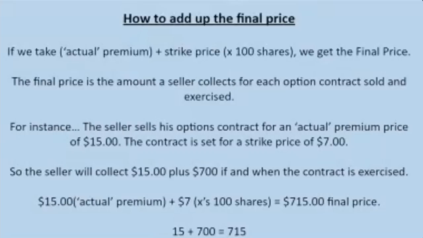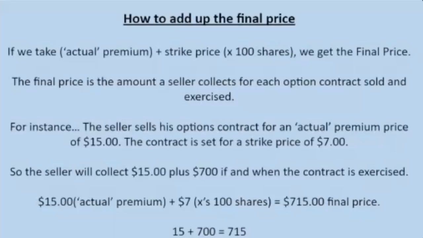So all those numbers that we saw on that screen earlier, they were small amounts. They were like, oh, okay, one was 112, another one was 207. Those are actually times 100 when you pay your money up front for that premium. That's the actual premium cost. Well, if you're buying an options contract and you've already paid that premium and determined a strike price, you need to take that strike price times 100 because you're going to be buying 100 shares at that strike price. That's how we're going to get the final price of an exercised contract.